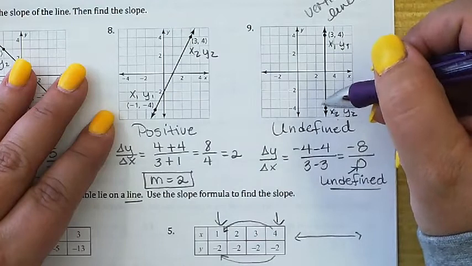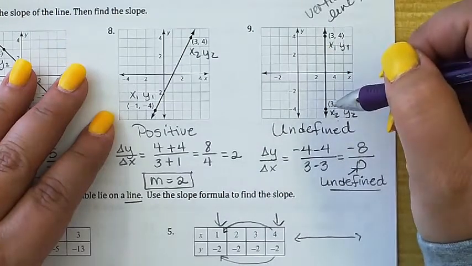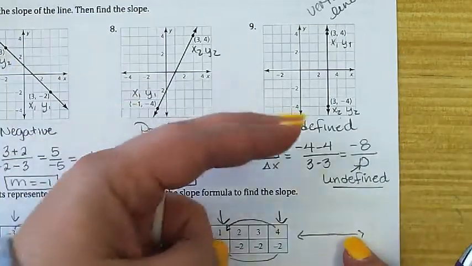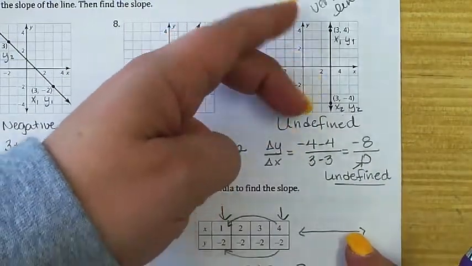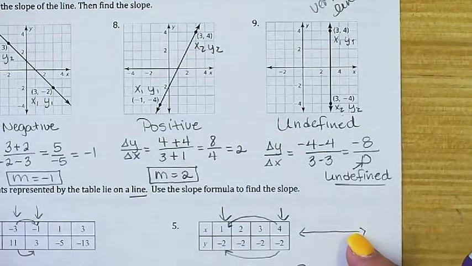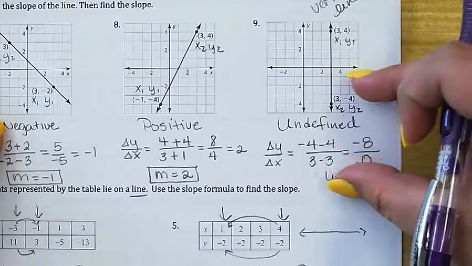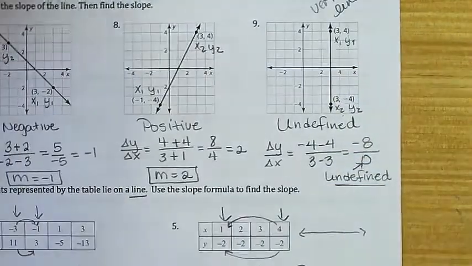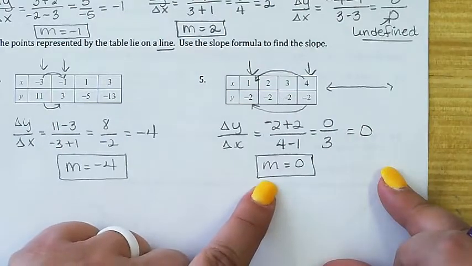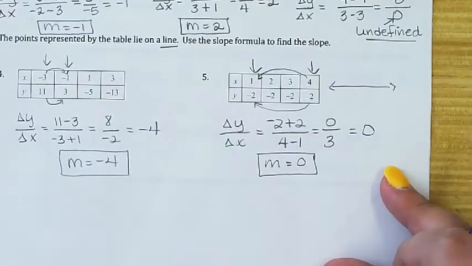I would not be able to walk across a vertical line. It does not exist in the level of anti-gravity that I would need to be able to walk up that. Not possible, right? It's not possible for me to walk up a perfectly vertical line. So that's why I'm like, oh yeah, this is the one that's undefined, doesn't exist, not possible, which is what we call undefined, right? But then this one is the 0 slope, which is that nice flat horizontal line.